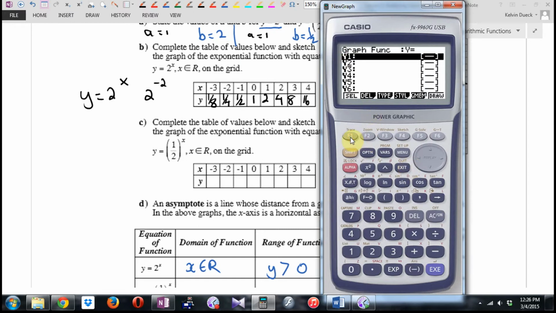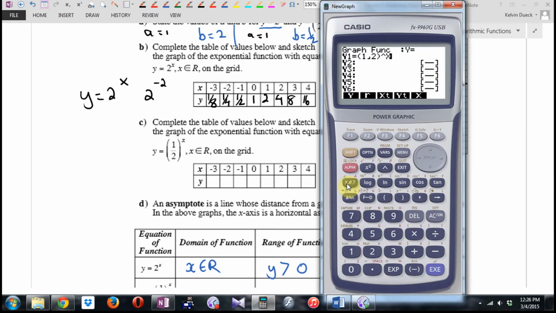Now, for 1/2 to the x, how are we going to have to type the 1/2? Brackets. Bracket, and you can either go 1 fraction 2, or you could go 1 divided by 2, same thing. Close bracket. To the power of, don't hit F5 for x, use your x variable, which is that one.